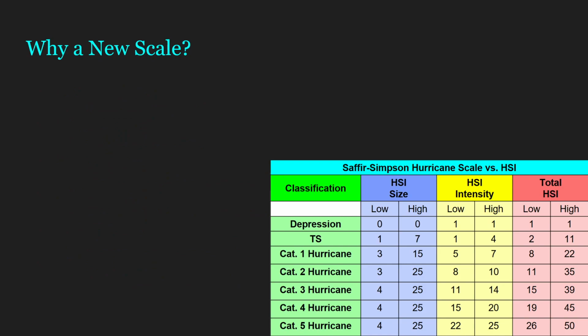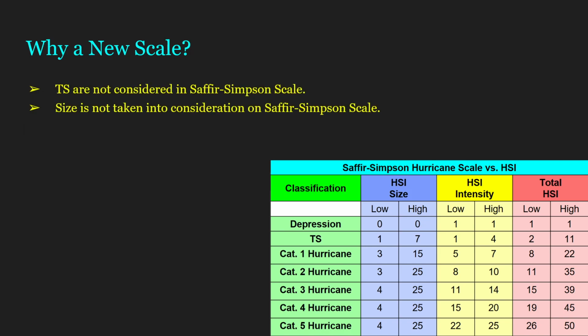So, why does a new scale need to be done? Why can't we just use the Saffir-Simpson? Well, first of all, we are indeed still using the Saffir-Simpson wind scale, but there are limitations to only measuring wind speed. Think of tropical storms. They're kind of just a joke, kind of. They're not. They're really just the intermediary to get to hurricane on the Saffir-Simpson scale.